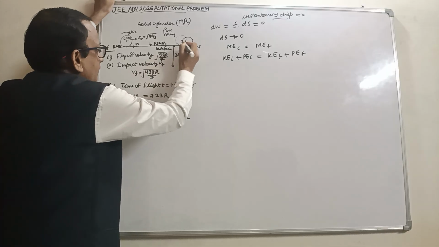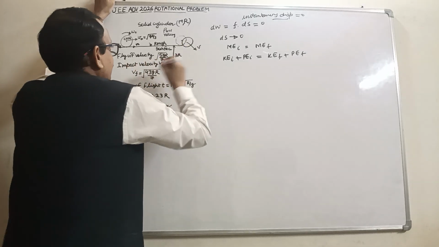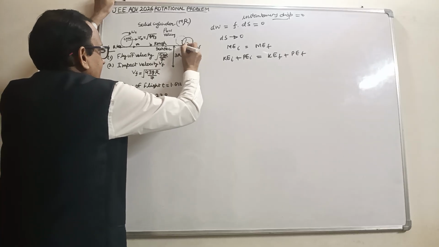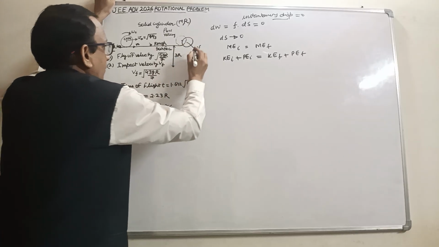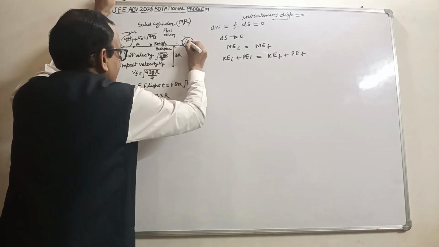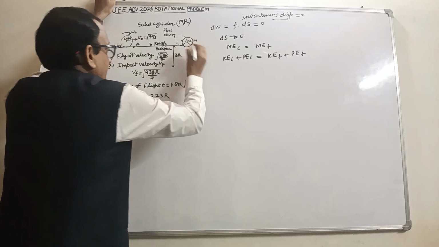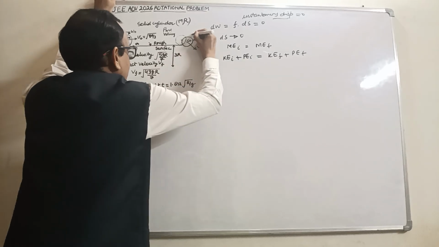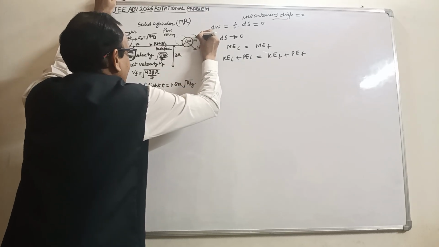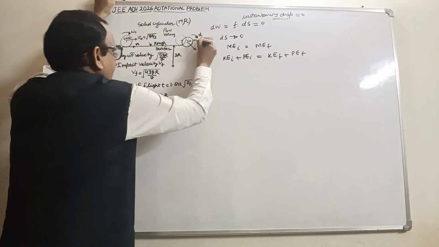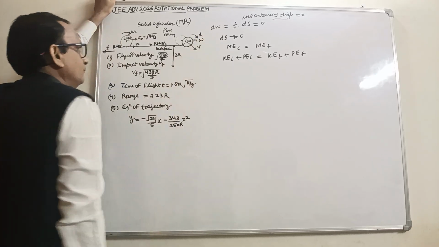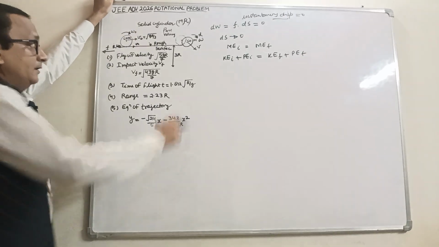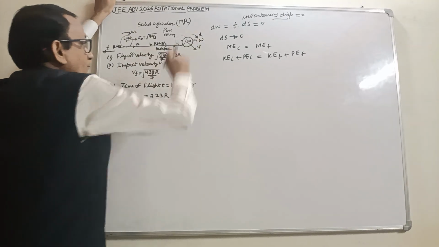So when it has moved from here, suppose this is the center of mass, its velocity becomes v here. Suppose it has acceleration alpha, and the angular velocity is omega. Initial angular velocity is omega naught, so final angular velocity would be omega.